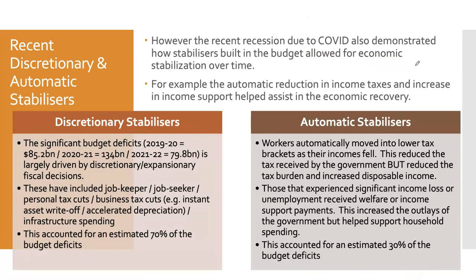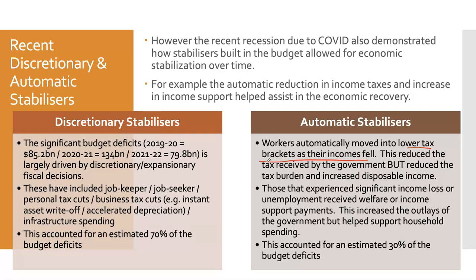So if we're to talk about it even more, automatic stabilizers that have happened due to the recession and COVID worked relatively well. What were some of the things that happened? Workers earned less money, not a good thing. But within the budget, they paid less tax because their incomes fell.